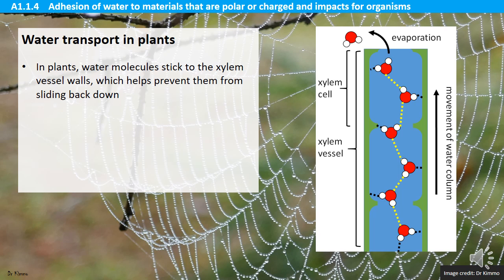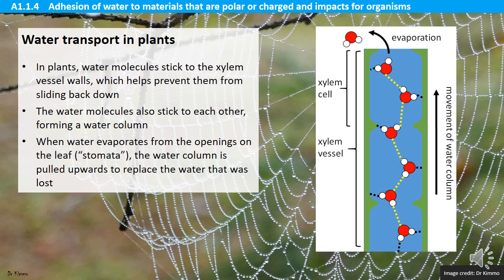In plants, water molecules stick to the xylem vessel walls, which helps prevent them from sliding back down. The water molecules also stick to each other, forming a water column. When water evaporates from the openings on the leaf, the water column is pulled upwards to replace the water that was lost.